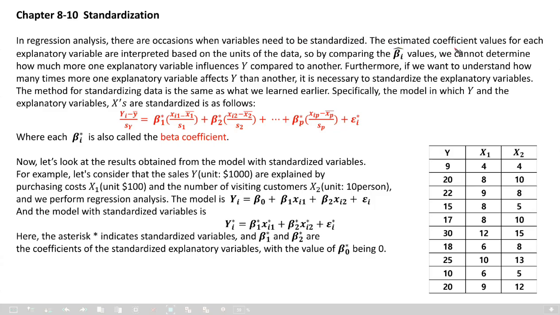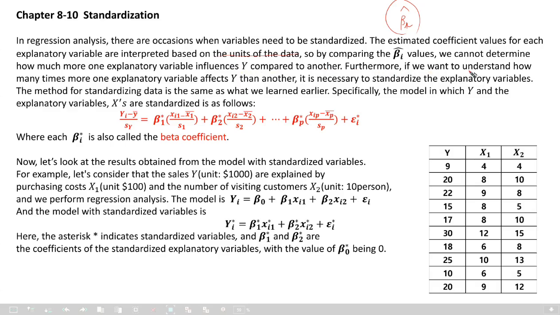The estimated coefficient values of each explanatory variable are interpreted based on the unit of data, right? Every variable has a unit. So by comparing the beta i hat values, which are estimates, we cannot determine how much more one explanatory variable influences y compared to another explanatory variable.